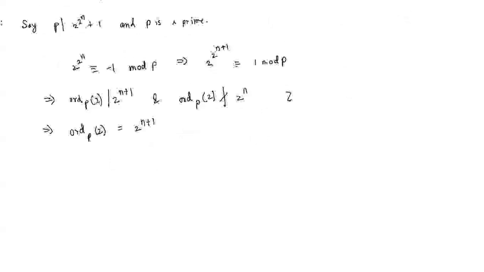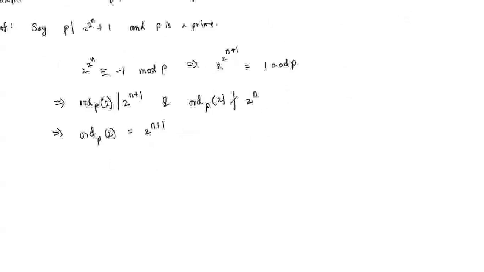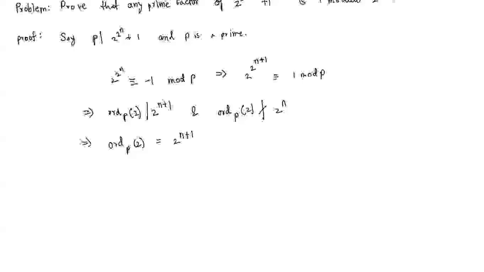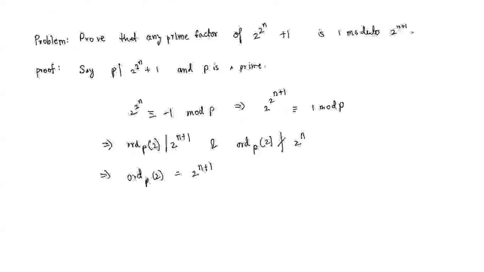I couldn't get the nice idea. How did you get that it doesn't divide 2 raised to the power n? Because if it would divide 2 raised to the power n, then 2 to the power 2 to the power n would have been congruent to 1 mod p.